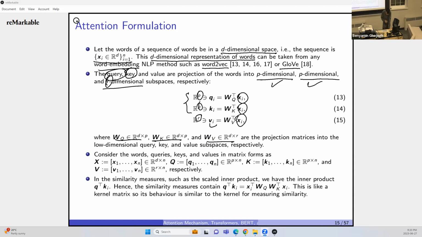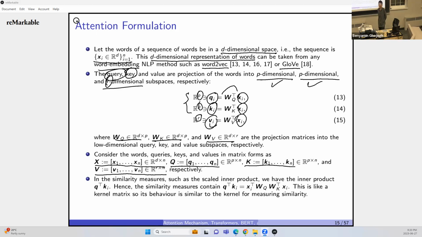Now let's put them together. I have the x's, put column-wise next to each other, giving a d by n matrix X. Then I also have queries, keys, and values, which I put next to each other to form these matrices. Why am I using these W's?